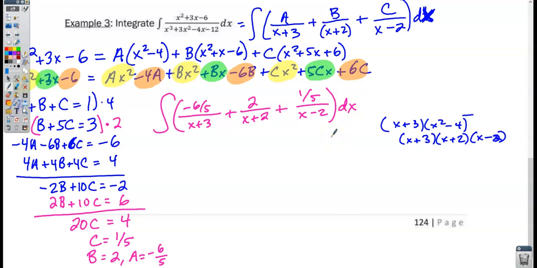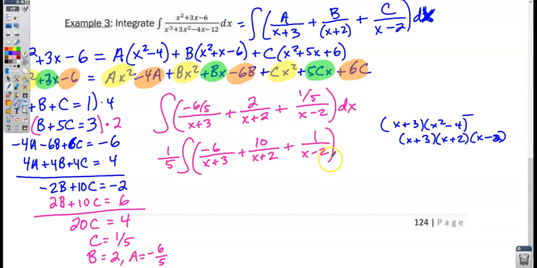And I did this in one of the problems in the last video. I'm going to go ahead and factor a 1/5 out of this, just because I like it a whole lot better when my numerators here are whole numbers. And now I'm going to go ahead and integrate.